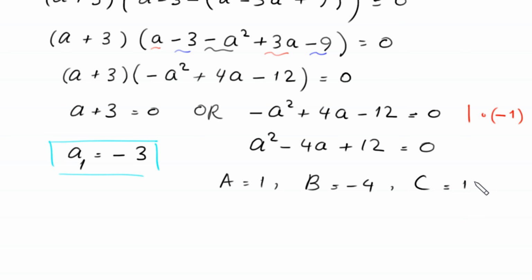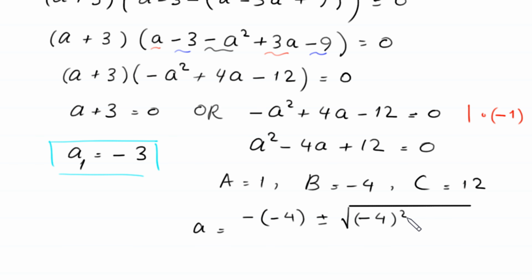And according to quadratic formula, a is equal to negative times the value of b, negative 4, plus minus square root of, in place of b squared we write negative 4 squared minus 4 times a is 1 times c is 12 divided by 2 times a is 1.